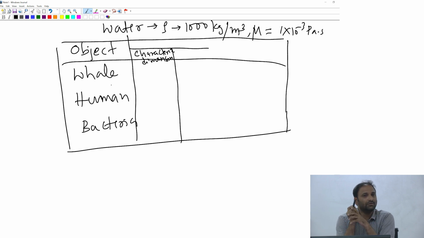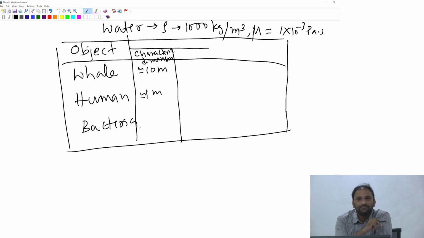Typical dimensions? 20 meters, it's tens of meters. Let's say we can approximate it to be something like 10 meters, of the order of meters. What about humans? Roughly again, of the order of a meter, 1 meter.